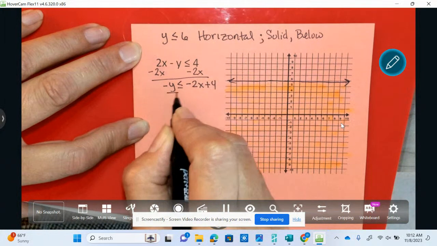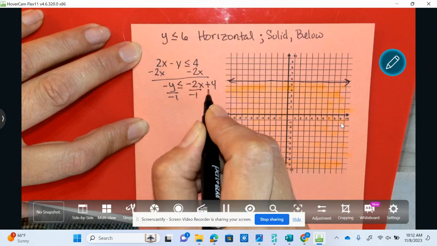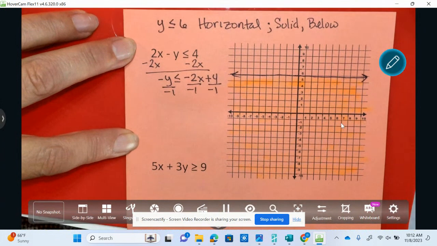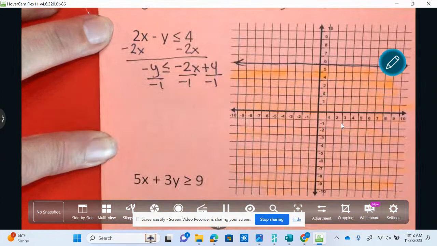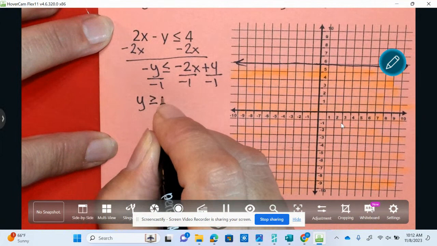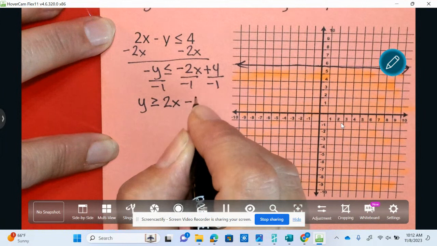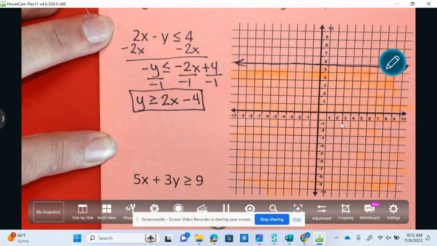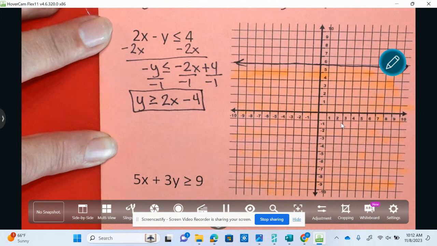And then Cheyenne said divide everything by negative 1. Cheyenne, when I divide by a negative, what does that make me do? That means I have to flip my inequality sign. So y is greater than or equal to 2x minus 4.